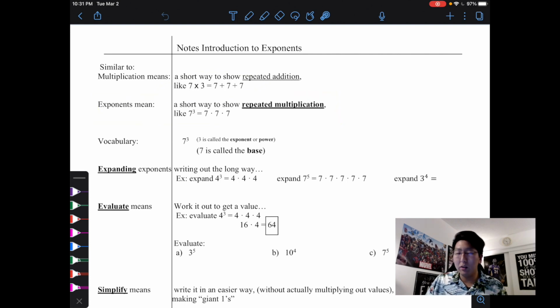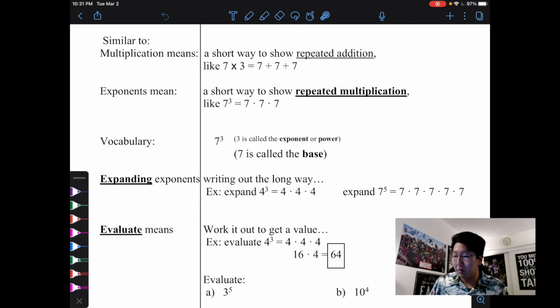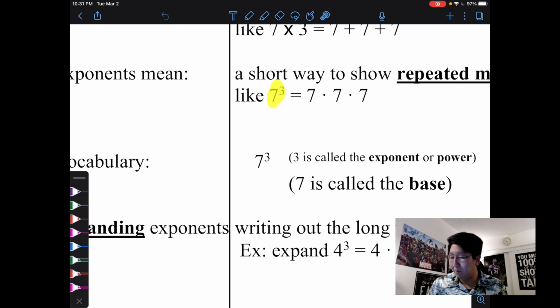Exponents are a short way of repeating multiplication. We talked about exponents in order of operations, and when you're solving, you have to know what an exponent is. So this shouldn't be brand new to you, but I want to make sure you fully understand it.